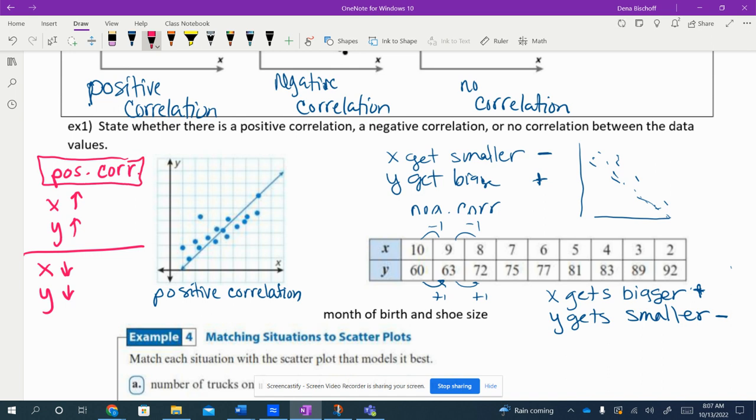As x gets smaller, y gets smaller, that's positive correlation. Well, if x is getting smaller, that means if I look at a table, I'm subtracting, right? Yes or no? And if y is getting smaller, that means I'm also subtracting from a table. What is a negative divided by a negative? That's why. Okay. So does that kind of make sense? Because that's helpful when you look at a table.